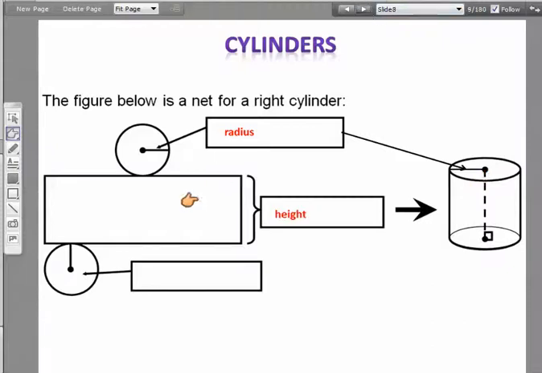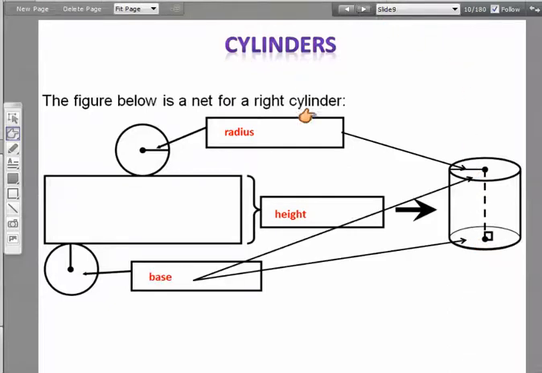This is going to be your height, which is usually this. You can call this your height. Your altitude right here is your height as well. You just got to be careful with obliques. And then these are your bases. Your circles are your bases in both the net and when it's all folded up.